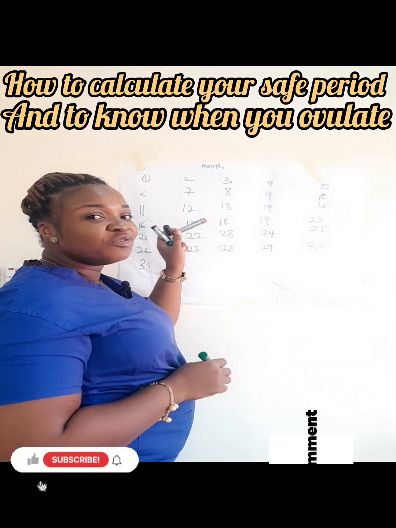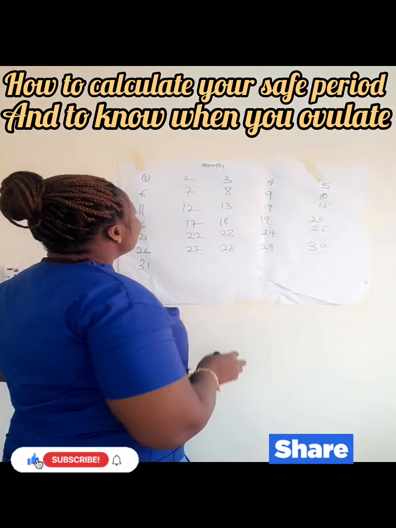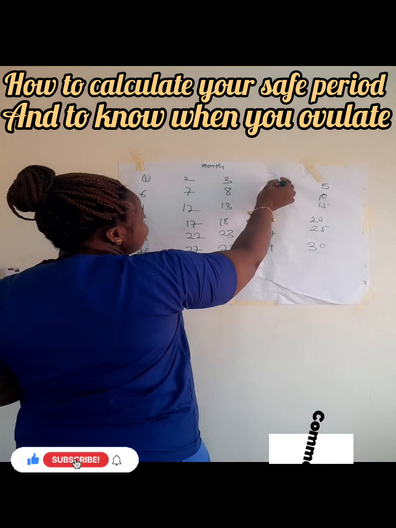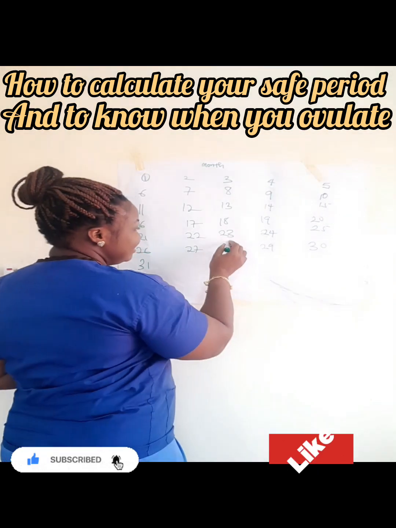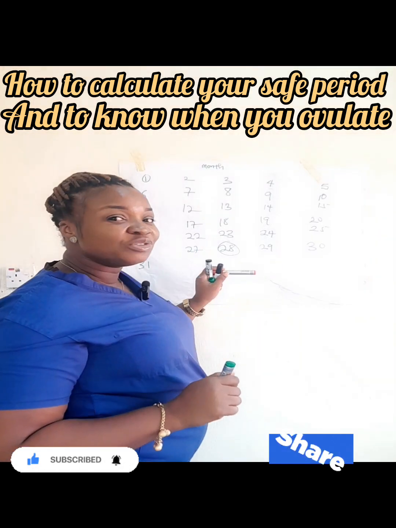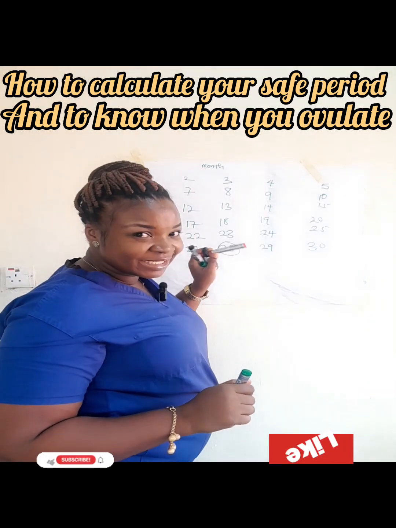This is the first day of your menses. Now, it stopped at day 4. And the next menses started around here. It means that you have a 28-day cycle.